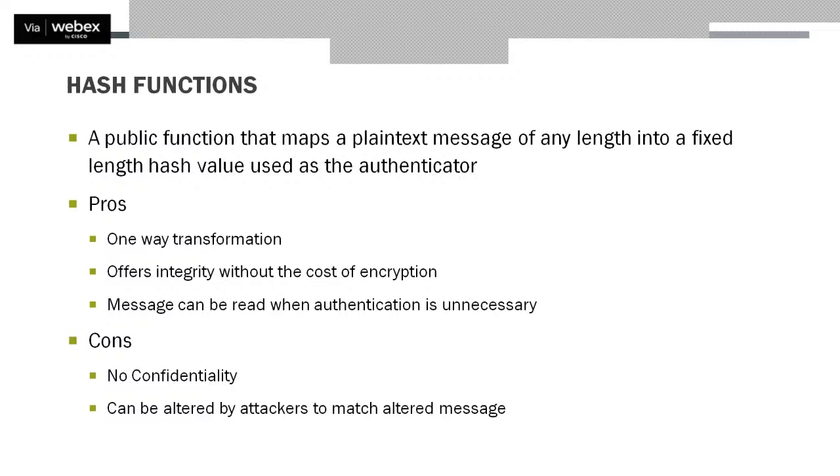Okay, and the message can be read when authentication is necessary, and so on. The disadvantage of this is there is no confidentiality, because we are sending the message along with the hash value. The message confidentiality is not important over here. What is important is the checksum, or the message alteration, whether it is carried out or not. That checking is very important whenever we are talking about hashing.